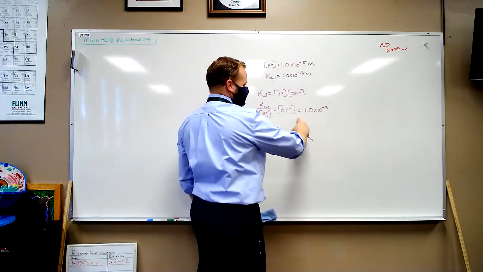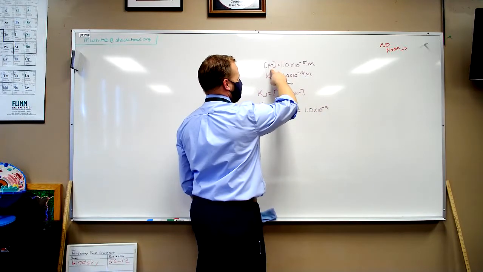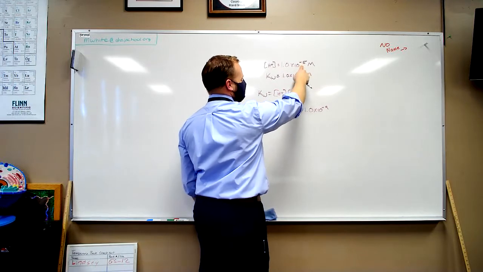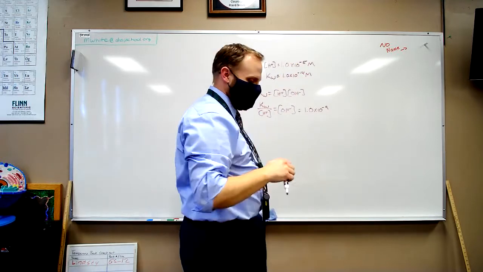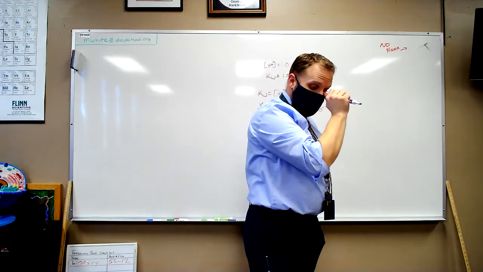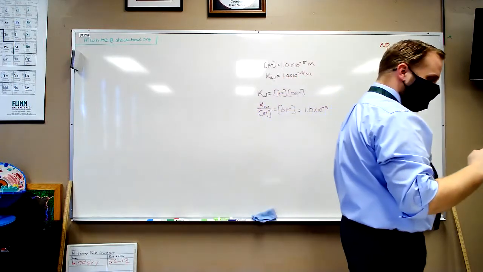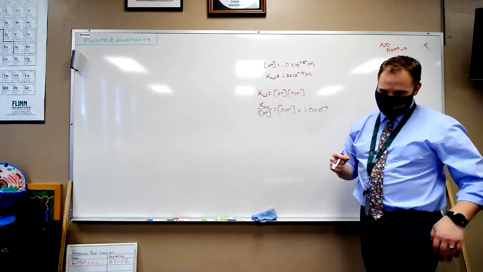Well, hydroxide, 1 times 10 to the minus 9. Hydrogen, 1 times 10 to the minus fifth. This number right here is bigger. 10 to the minus fifth is bigger than 10 to the minus ninth. And so you have more hydrogen ions, which means it is acidic.